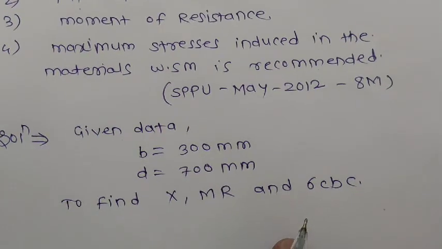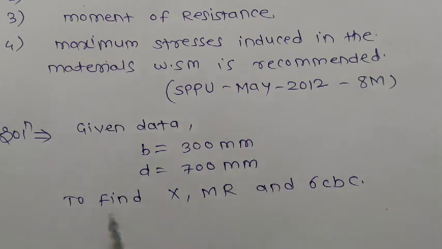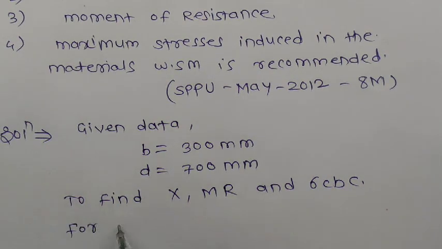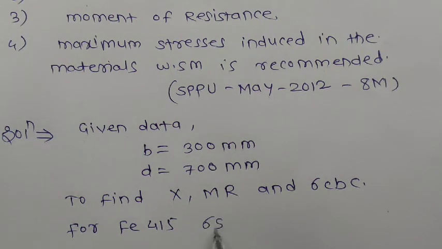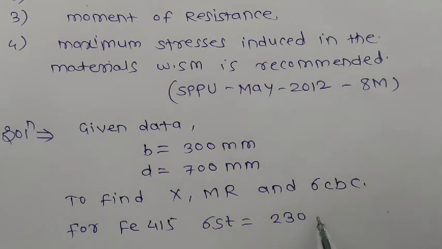Then for Fe415, sigma ST is equal to 230 Newton per mm square.